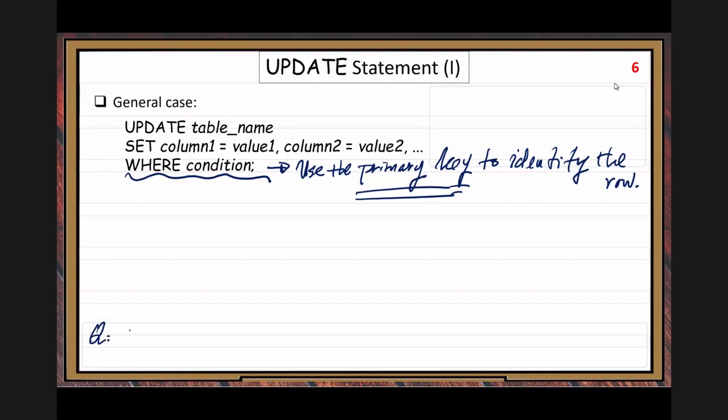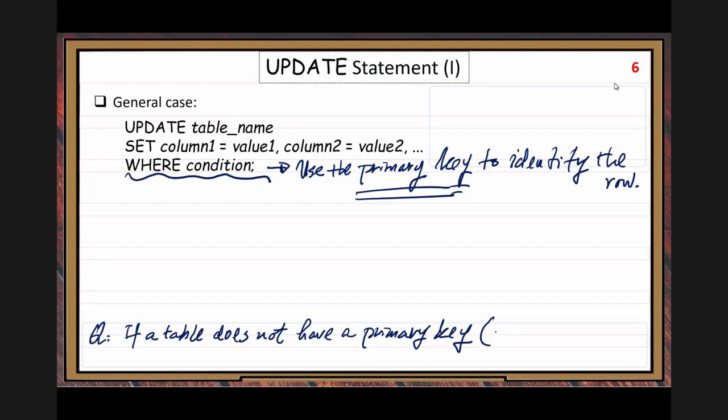If a table does not have a primary key, and even no other key, because key means unique values, and at least we can use unique values to identify the rows.